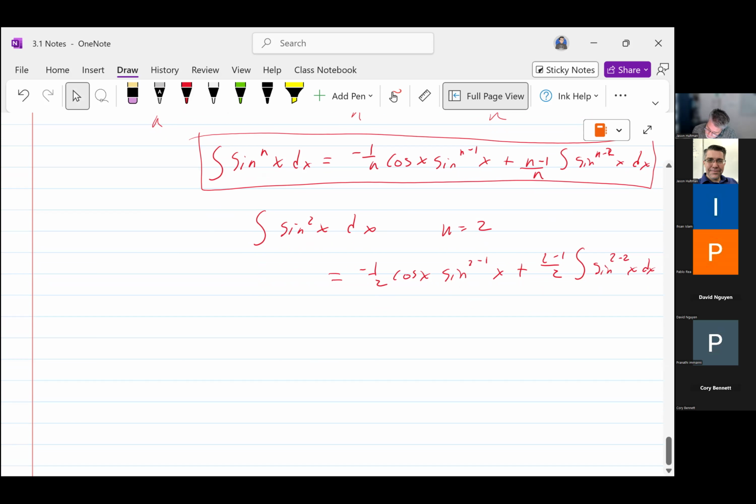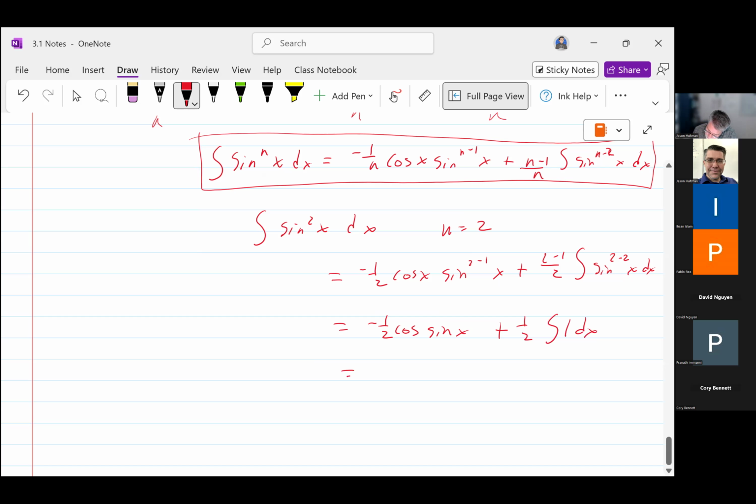So this is going to be equal to negative 1/2 cosine x. This 2 minus 1 goes to 1, so that's just sine x, plus this is 2 minus 1 over 2, 1/2. And then this is going to be sine to the 2 minus 2, but that's 0, and anything to the 0 power is 1. So this just becomes the integral of 1 dx.